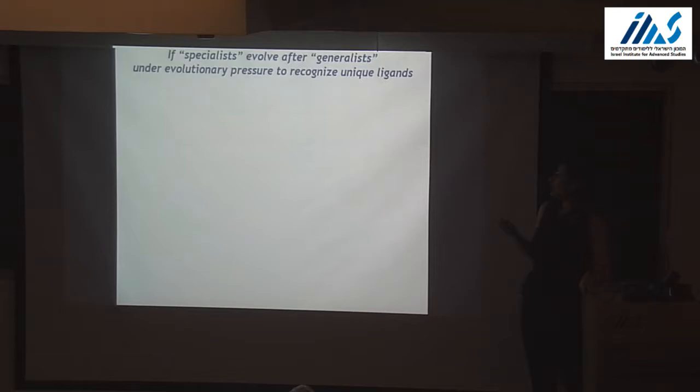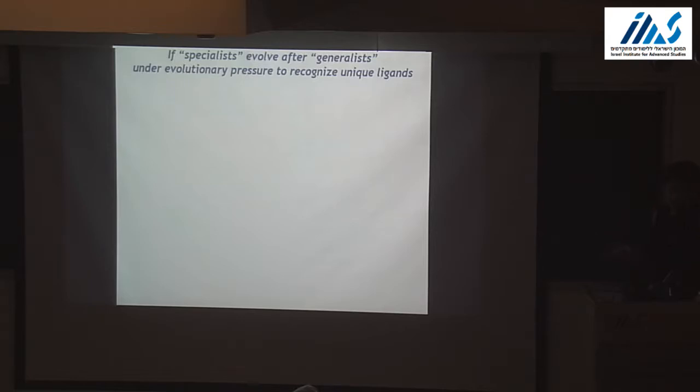And the idea would be that specialists evolve after generalists, right? So we would have promiscuous T2Rs, and from these would evolve those that are special for particular ligands, and these ligands might be those that drove the evolution of this binding site that is special for the unique ligand.